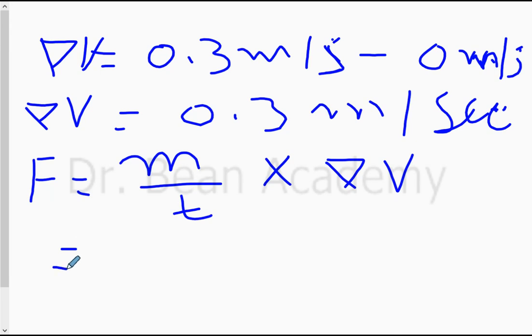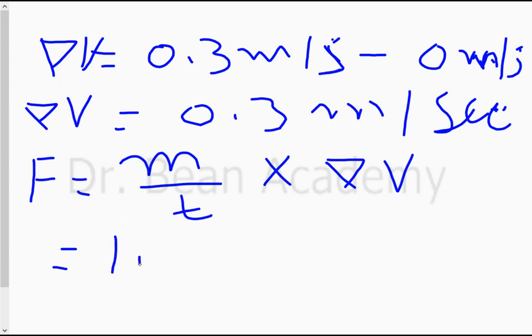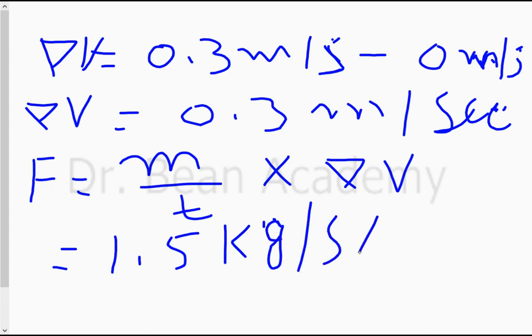M over T is 1.5 kilogram per second, multiplied by the change in velocity, which is the same 0.3 meter per second.